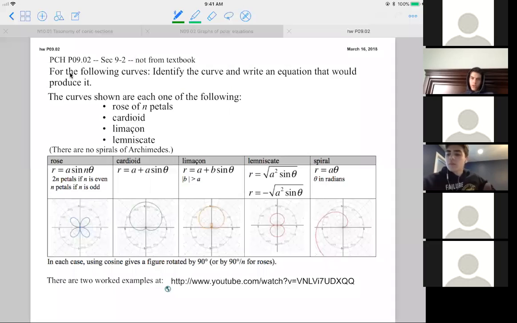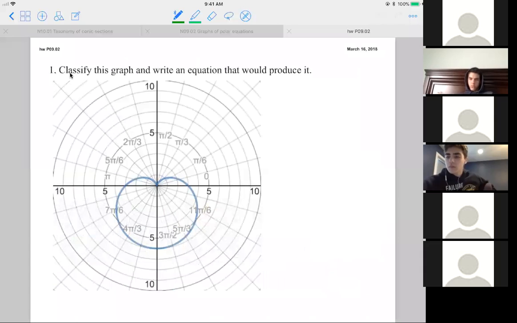I'll reproduce that here so you have it in place. The basic idea is to classify the graph and write an equation that produces it. We look at this and say, it's got the little pinched end but no loop, so it's a cardioid.